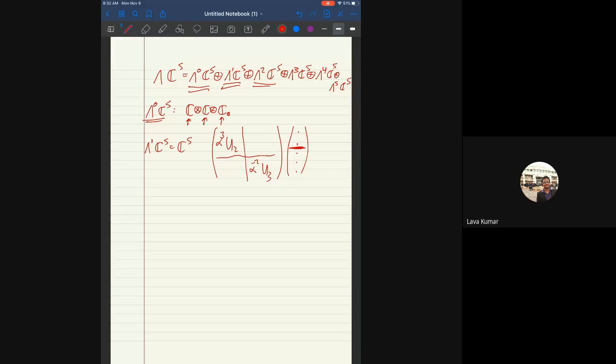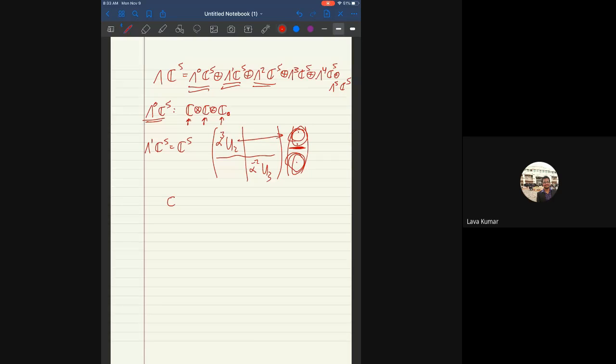It mixes the top 2 components and the bottom 3 components separately. How do the top 2 components transform? They get hit by the upper block here. So they don't get hit by an SU3 matrix, so they transform trivially under SU3.